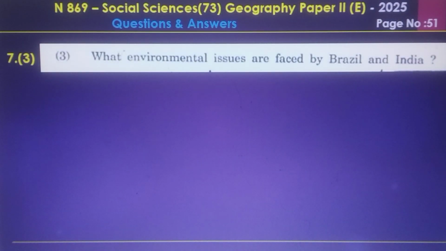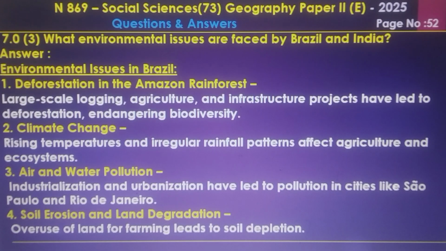Question number 3: what environmental issues are faced by Brazil and India? The environmental issues in Brazil: deforestation in the Amazon rainforest. Large-scale logging, agriculture and infrastructure projects have led to deforestation, endangering biodiversity.